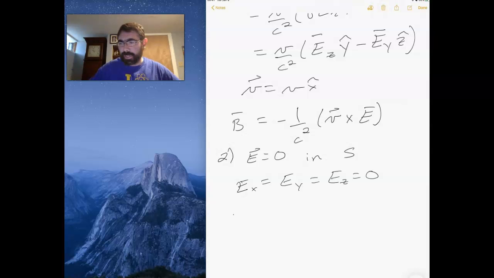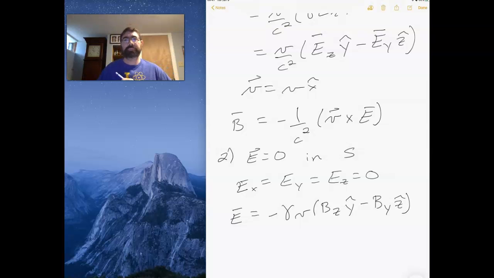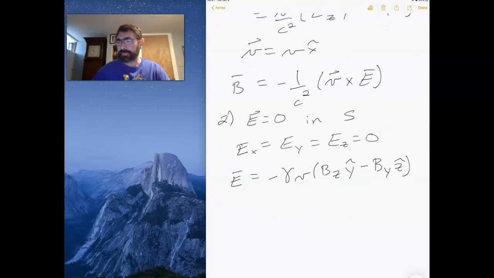That means that the electric field in the S bar frame, similar to case number 1, would give us minus gamma v Bz in the y direction minus By in the z direction, because all of those electric field components in the S frame drop out, and all we're left with is the fact that the electric field is now equal to the magnetic field components.